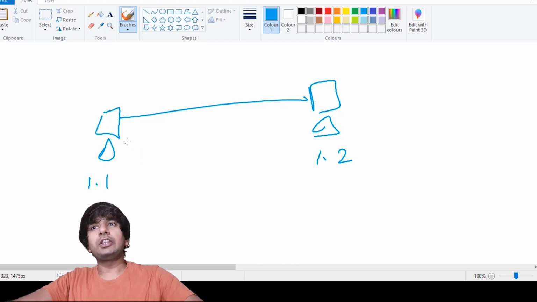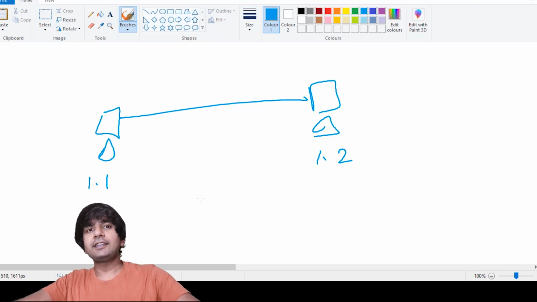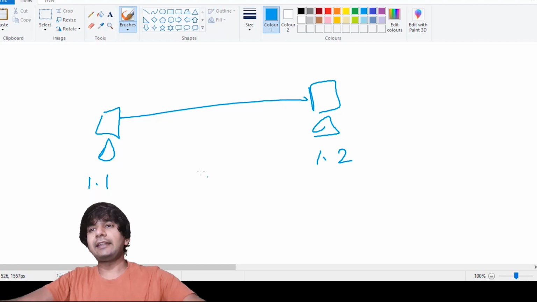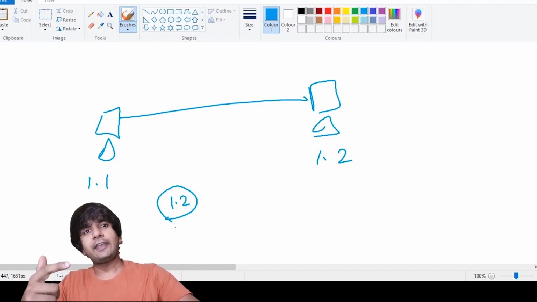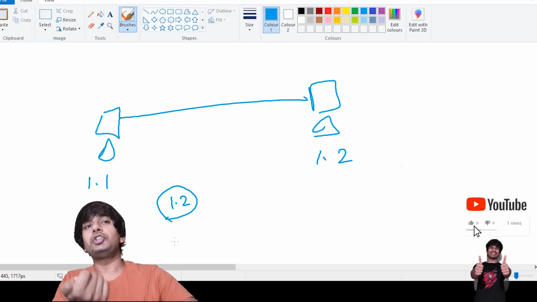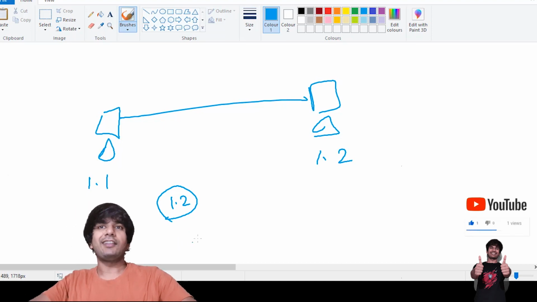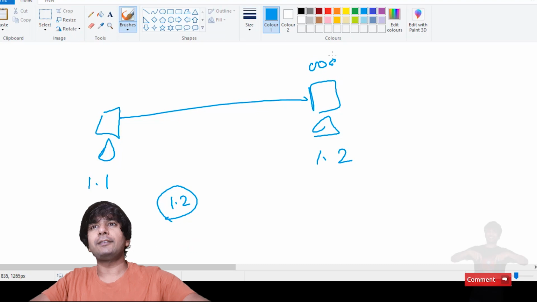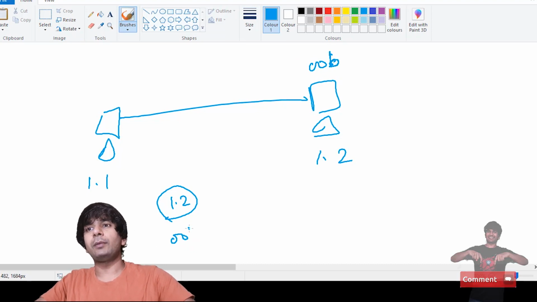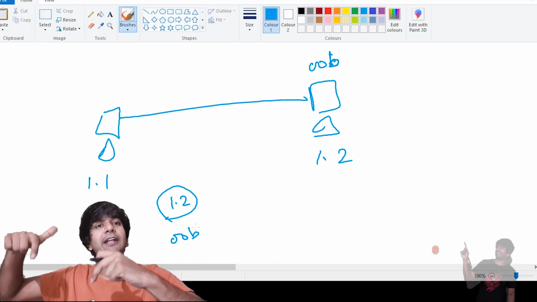If I want to send a unicast request, the destination IP will be a unicast IP, right? I am sending to a specific machine, so my destination IP in that case is going to be 1.2. In the same way, the destination MAC address will also be a unicast MAC address, the MAC address of this specific PC, assuming it is 00B. So the destination MAC will be 00B in that unicast packet.